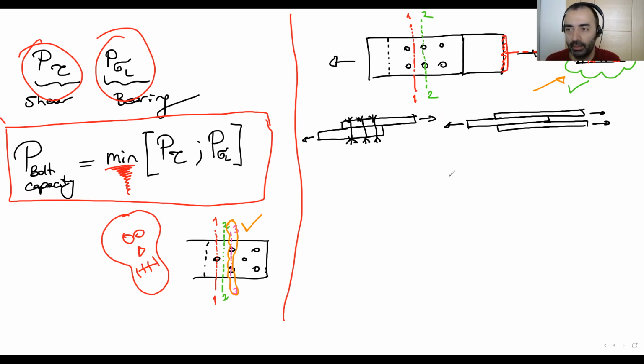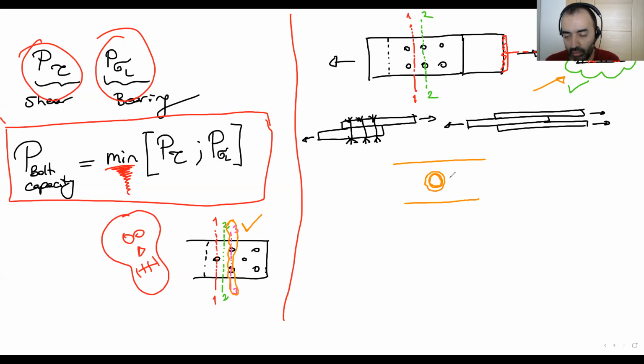Here, what I'm gonna write here, there is something here. Let's say we have a bolt. The bolt hole is always greater than the bolt diameter by 1 millimeter. Okay, let me write here. I'm trying to draw it well.